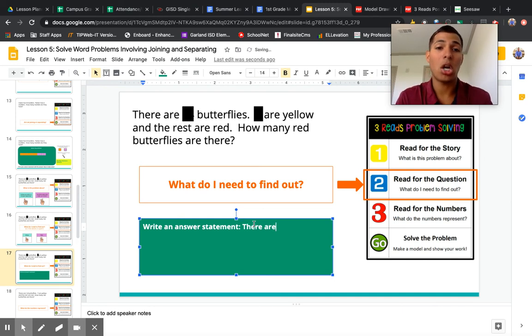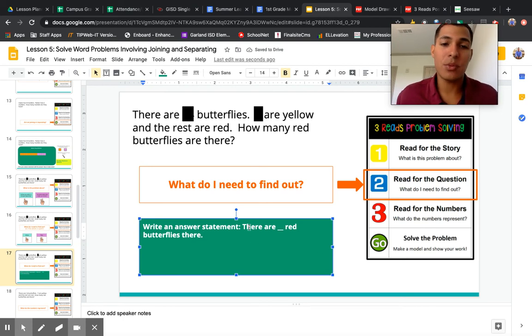There are blank red butterflies. That's what we're trying to find out. This would be a good solution statement. And they could sound different, not exactly like mine.